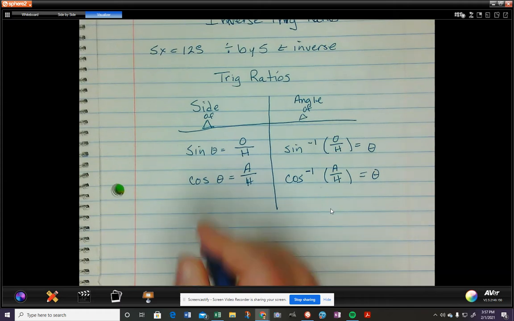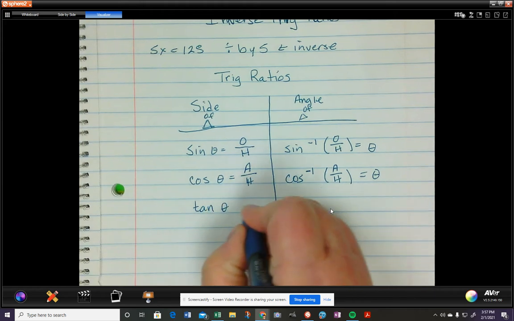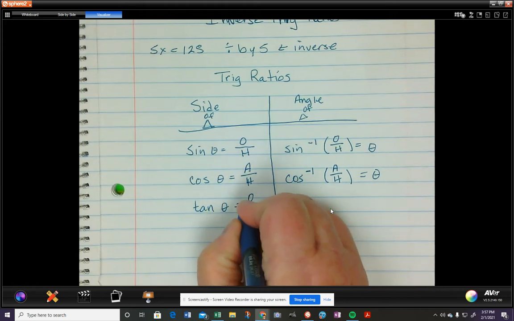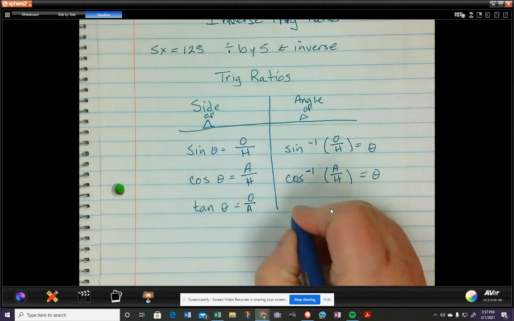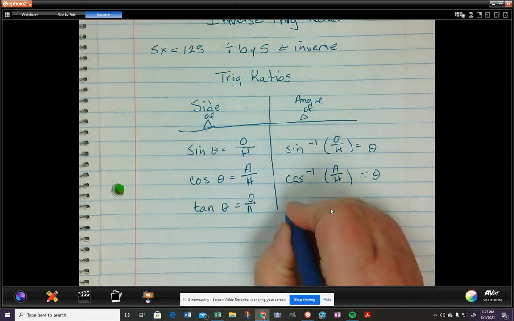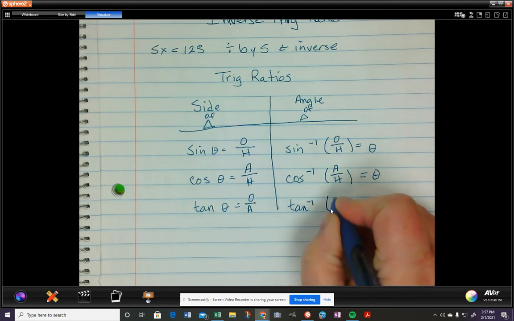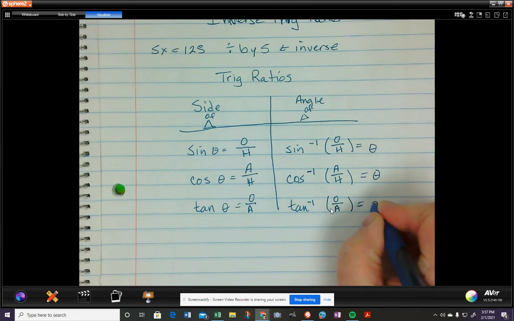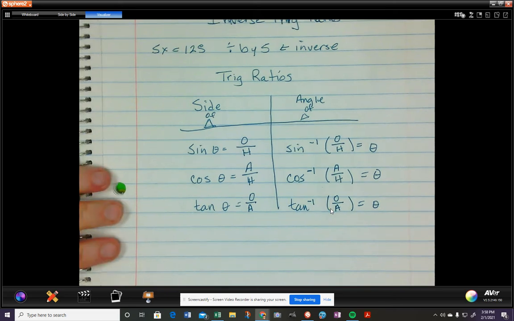And for the last one, I bet you already know what it is. If I want to know the side, I would do tangent theta equal opposite over adjacent. If I want to find the angle, I will use tangent -1 of opposite over adjacent equal to theta. Not too hard, right? Let's do some practice.